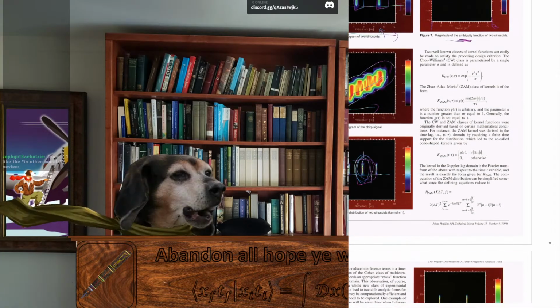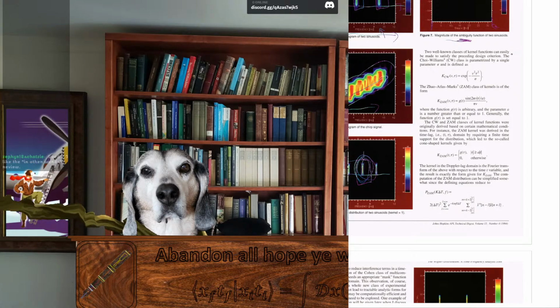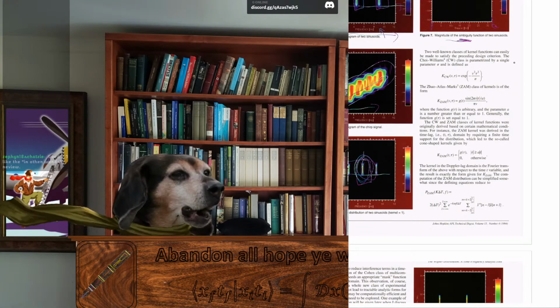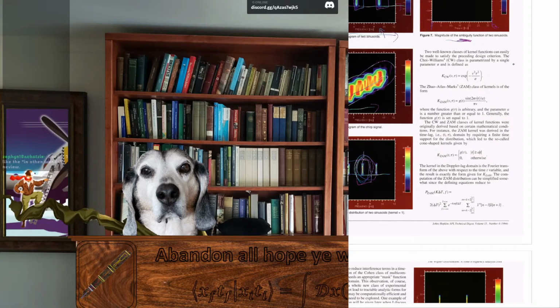Two well-known classes of kernel functions can easily be made to satisfy the preceding design criterion. The Choi-Williams, CW, class is parameterized by a single parameter sigma and is defined as exponential of negative nu squared tau squared over sigma.